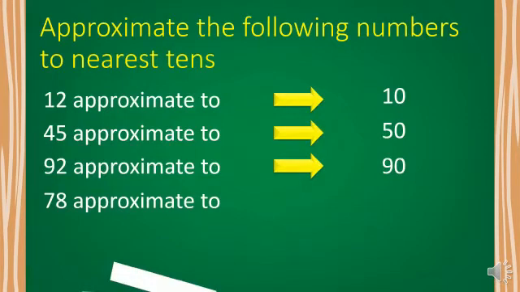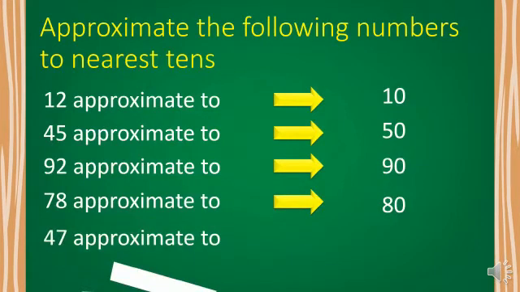So 8 will give 7 one. So 78 is nearest to or approximates to 80. 47 approximates to... Look at ones. Rich or poor? Excellent, rich. Okay, so 7 will give 4 one. So the result will be approximate to 50.